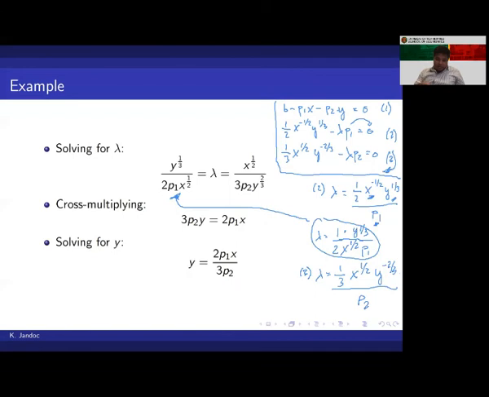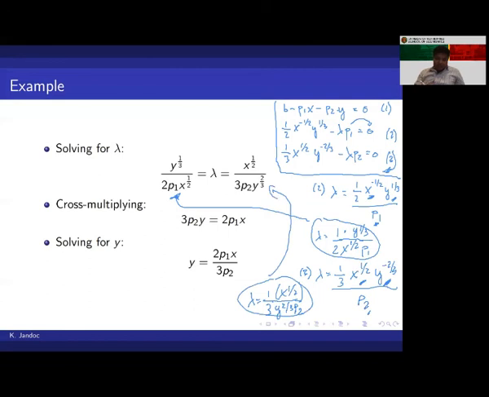In the same manner, lambda is equal to 1/3. y to the negative 2/3 is the same as putting y in the denominator raised to 2/3, and then you have a p2 in the denominator. Finally, you have x raised to 1/2 in the numerator. And this expression is equal to this one.